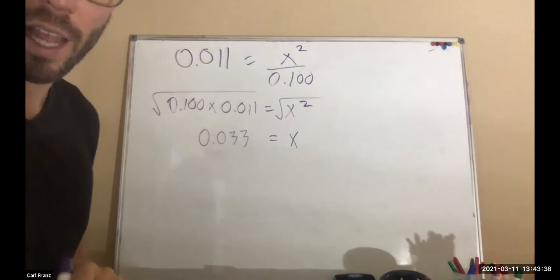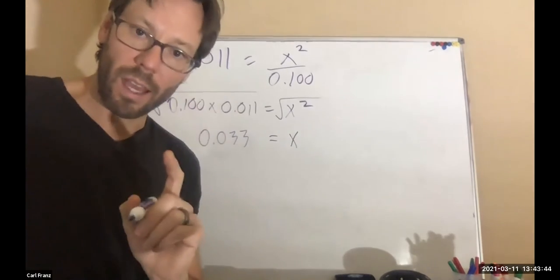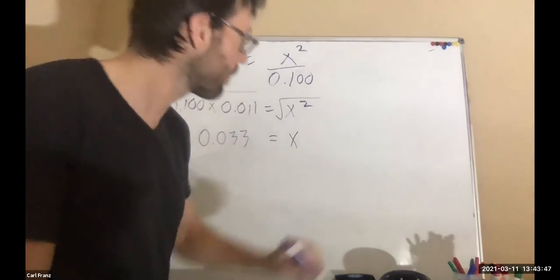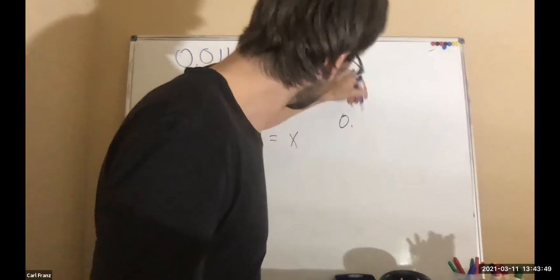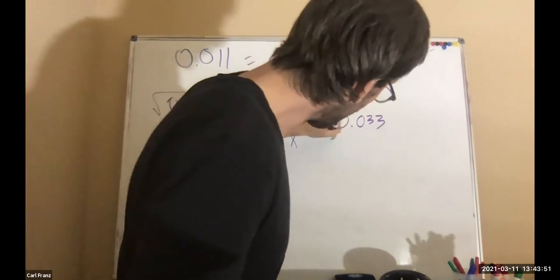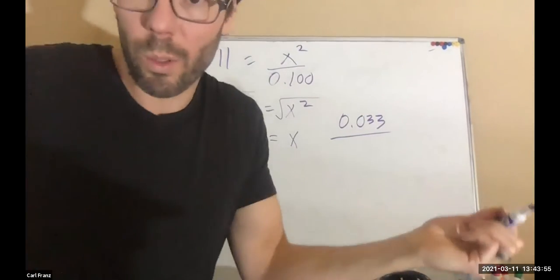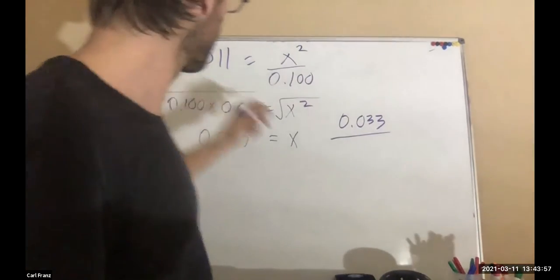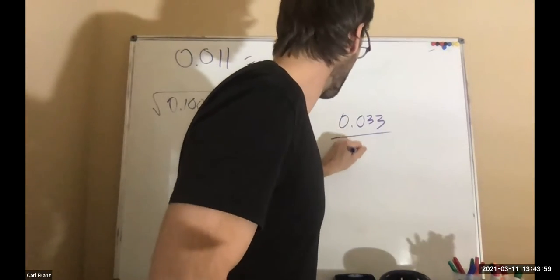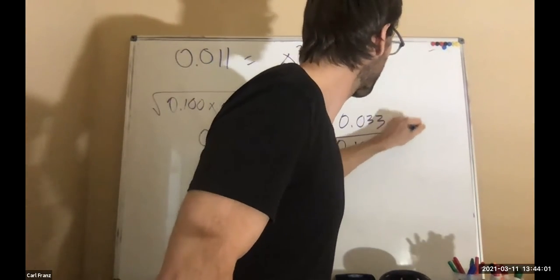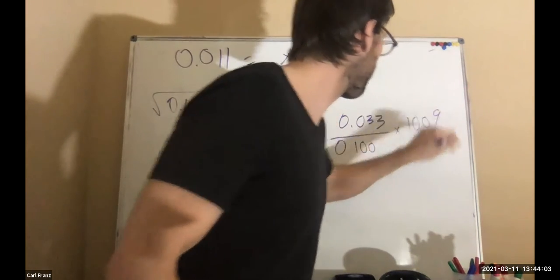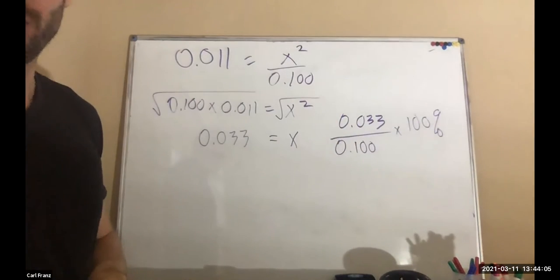0.033 is our x. Now we have to make sure that was a valid assumption. So to do that, we take our x, 0.033, and we divide it by what we said it wasn't going to impact significantly, which is 0.100. And then we multiply it by 100%. And what do you get when you do that?